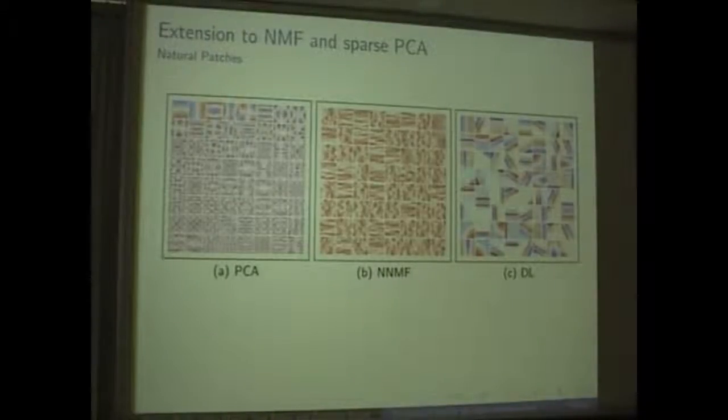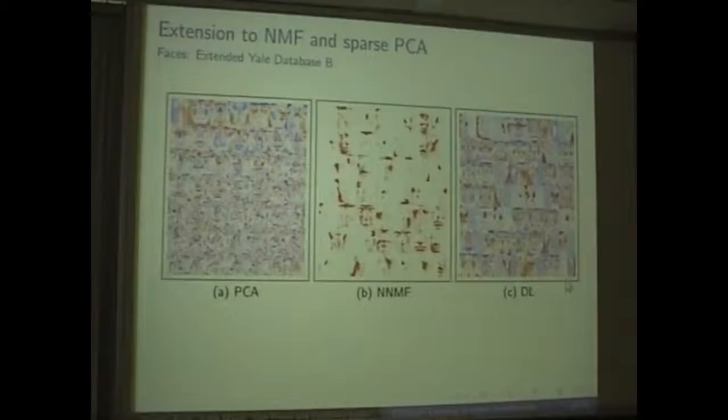Now this is the same for faces. On the very left, you see the principal components extracted from a database of faces. In the middle, you see the components extracted using non-negative matrix factorization, and the authors stressed that on average these are much more spatially localized, even though this was not put in as a restraint or as prior knowledge. And here are the basis functions learned from dictionary learning.